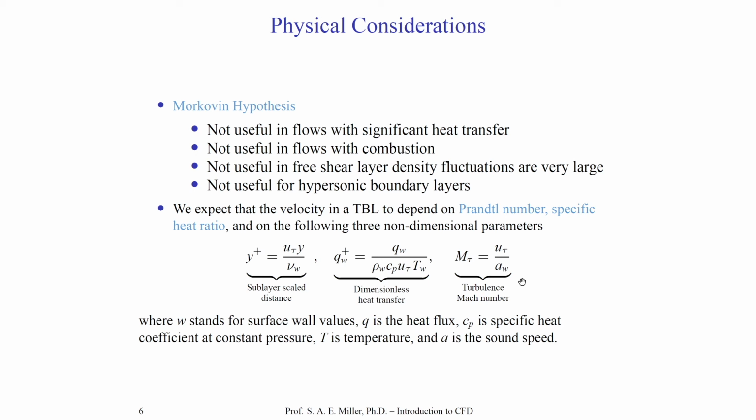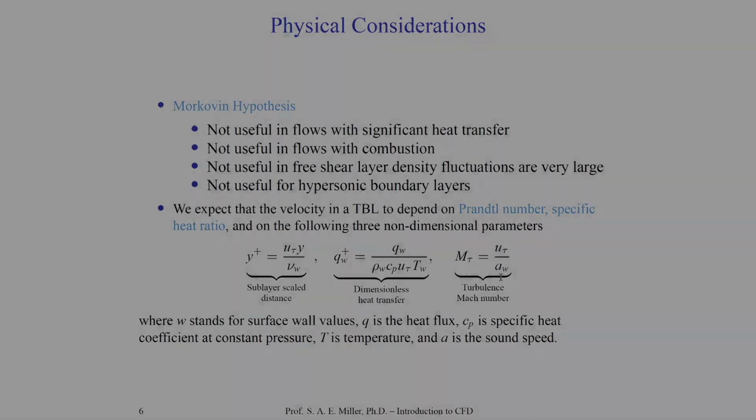No, we have a Mach number which is simply dependent on the wall friction velocity and the speed of sound at the wall. This also mainly depends on the temperature of the wall, because of course the speed of sound goes roughly as the square root of temperature for most flows in the standard regime.